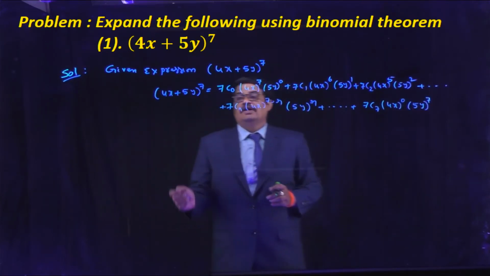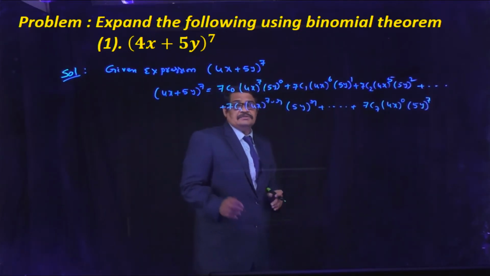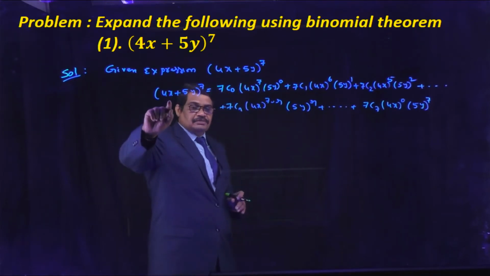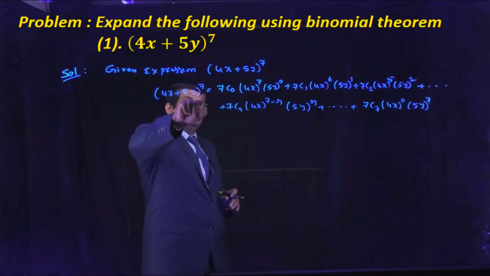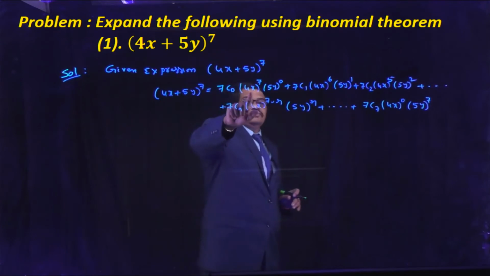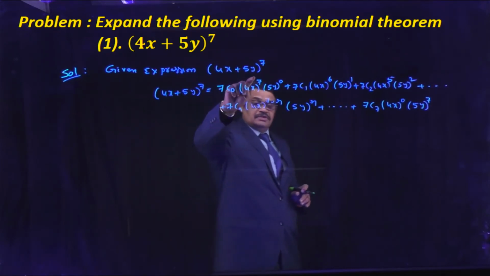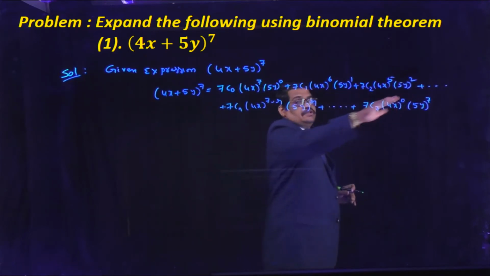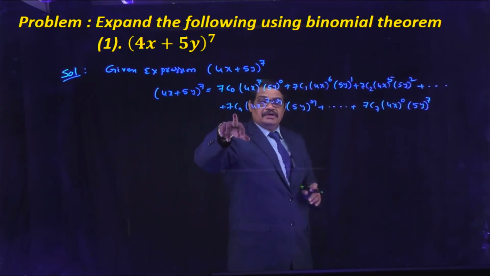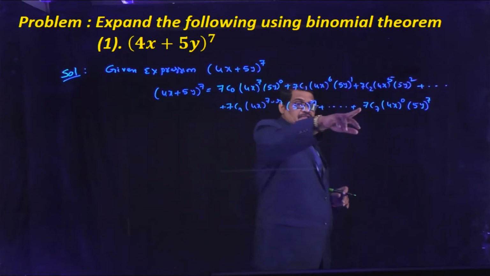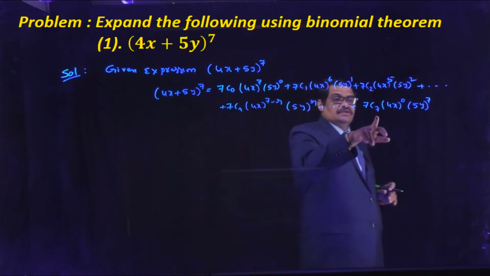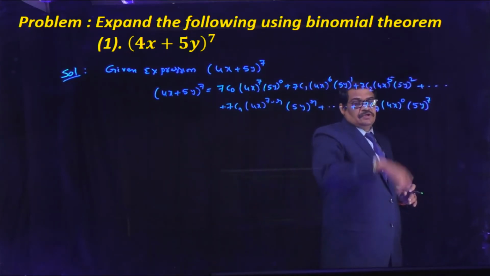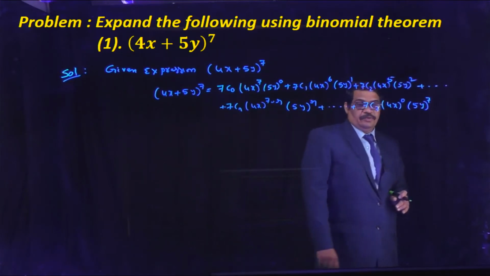So these are the terms we get in the expansion of 4x plus 5y whole power 7: 7 C naught with the first term to the power of 7 and the second term power 0, then 7 C1, 7 C2, 7 C3, and so on, with the middle term in between. The last term is 7 C7, 4x whole power 0, and 5y whole power 7.